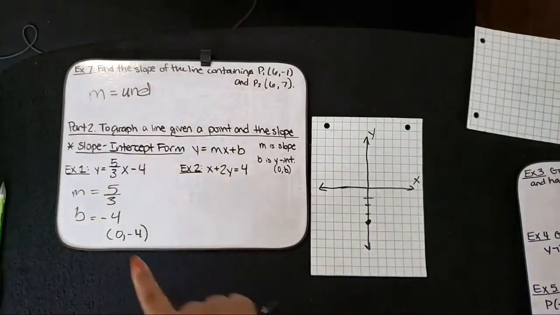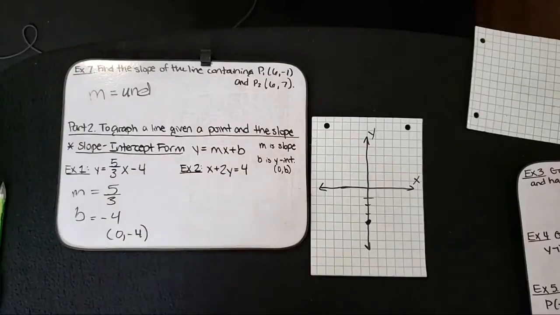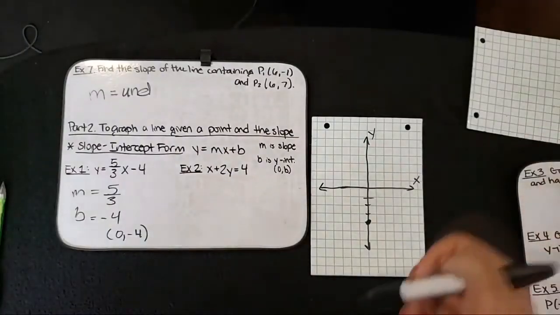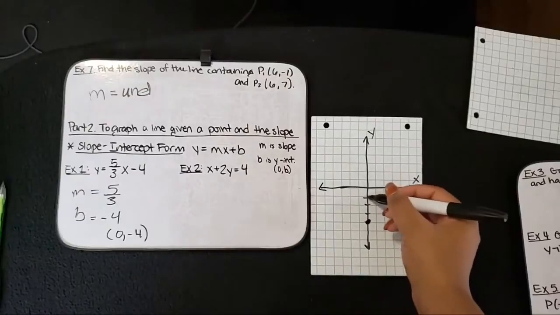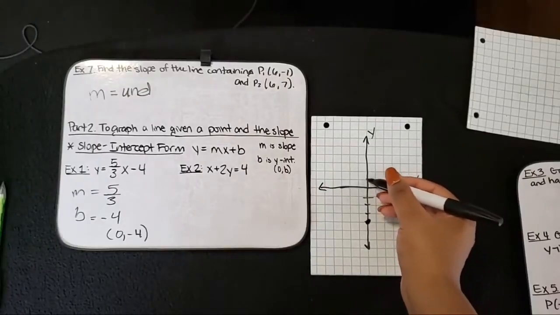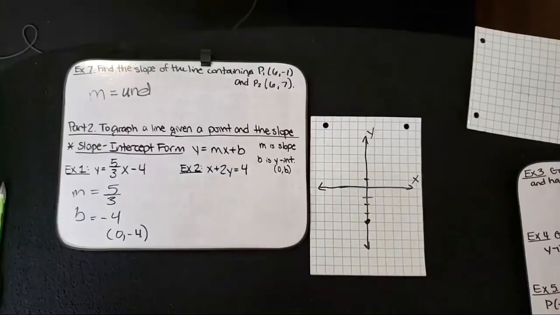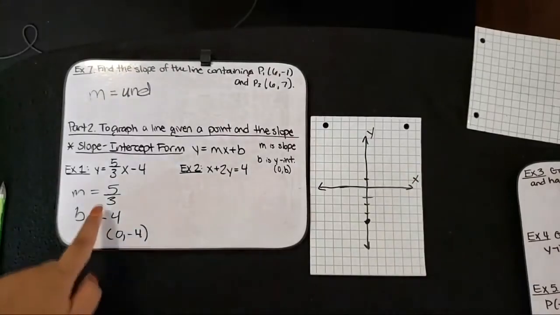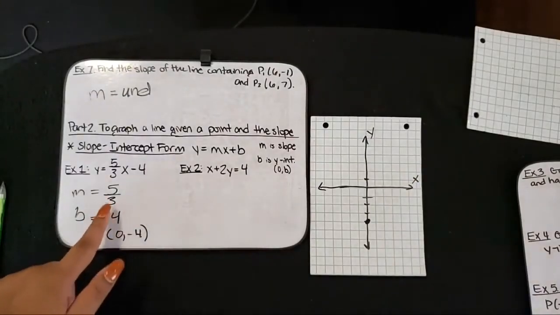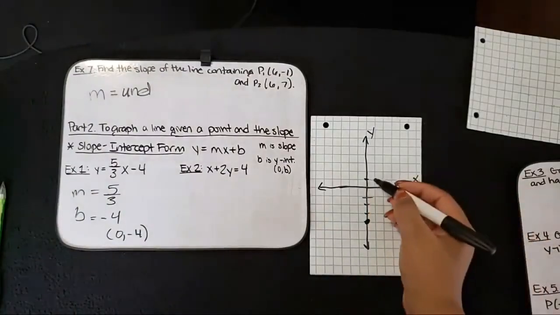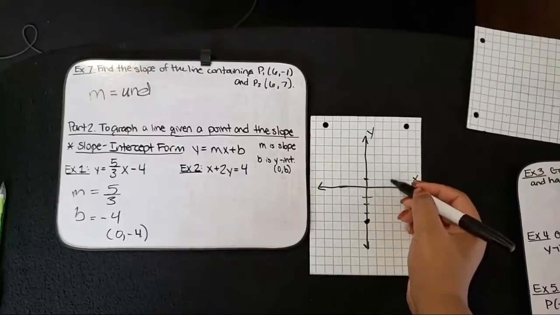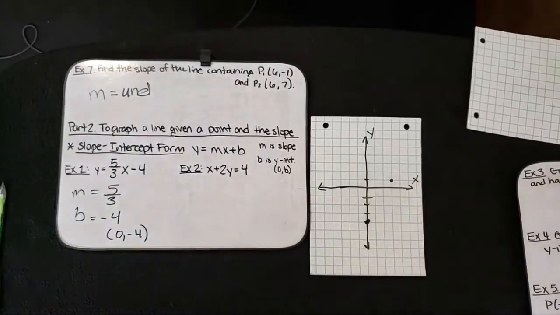So the change in y, which is 5, means we're going to go up 5. That's 1, 2, 3, 4, 5. Then our change in x is positive 3, so we're going to go to the right 3. 1, 2, 3.